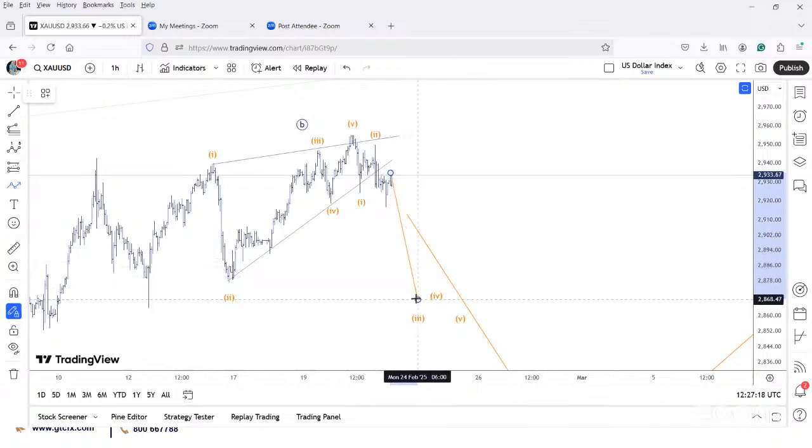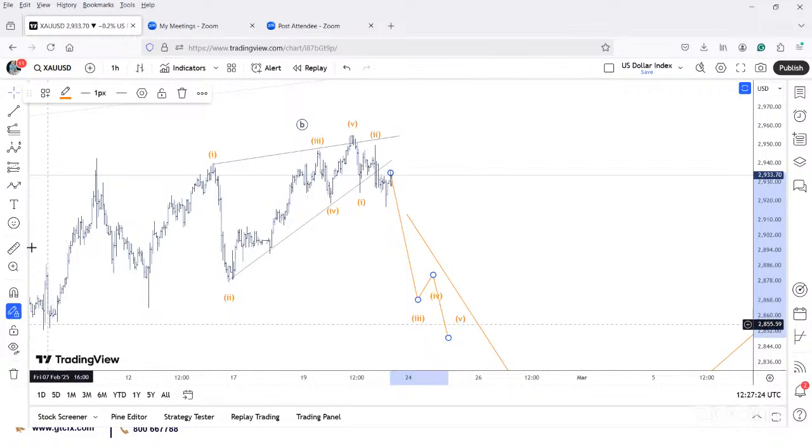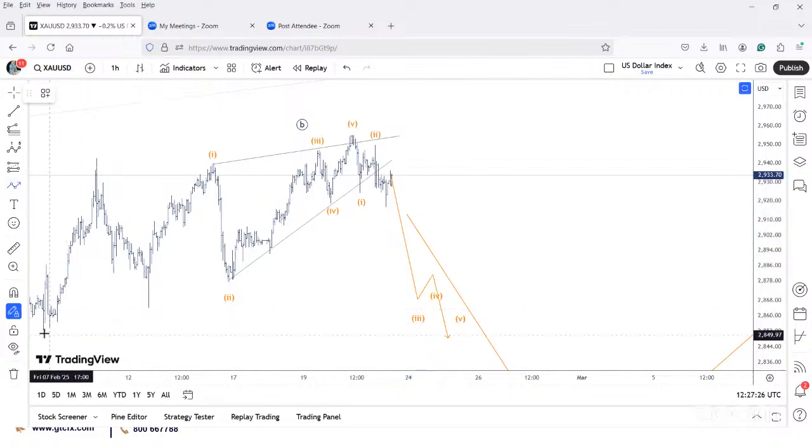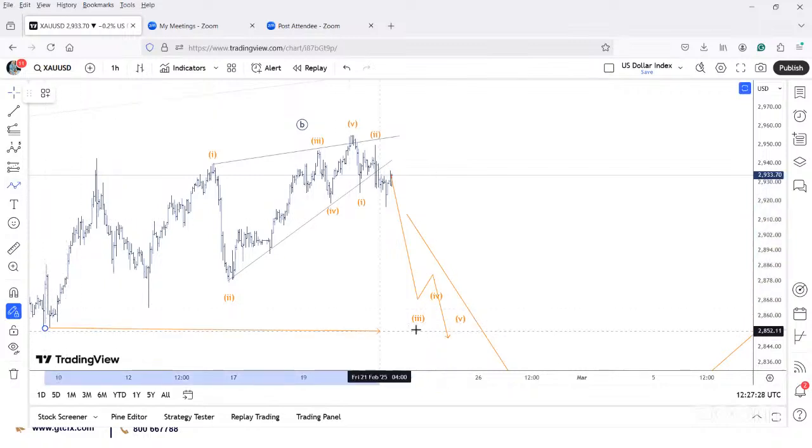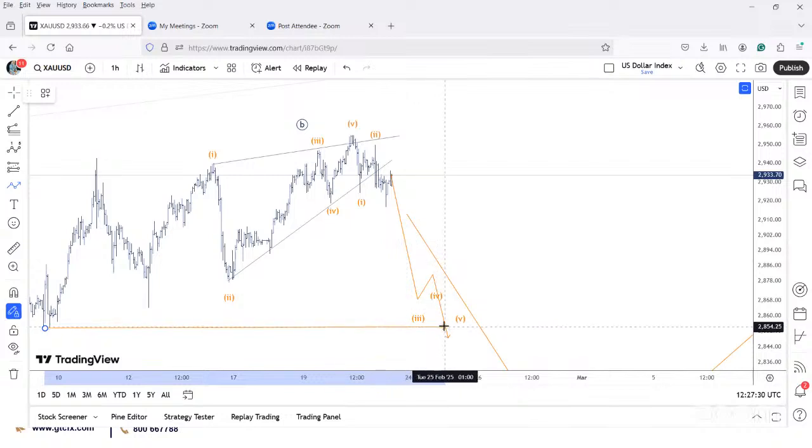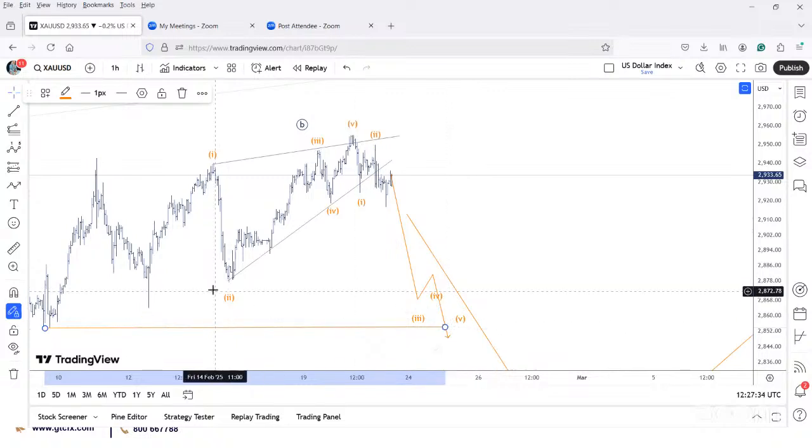Wave 3, 4, and 5, which kind of takes that particular support. When prices reverse from an ending diagonal, they come back to the diagonal starting point. Sorry, this is the starting point.